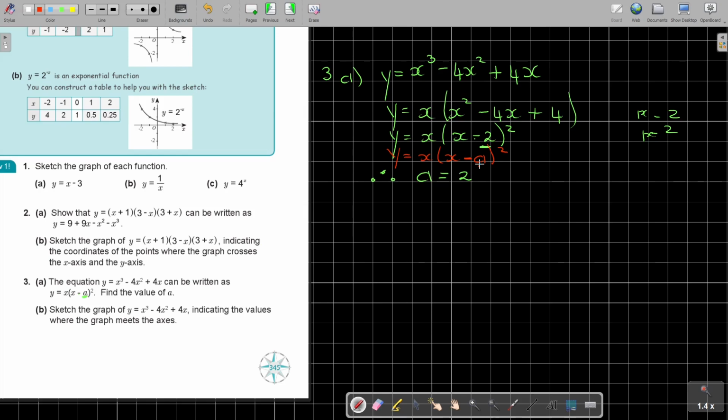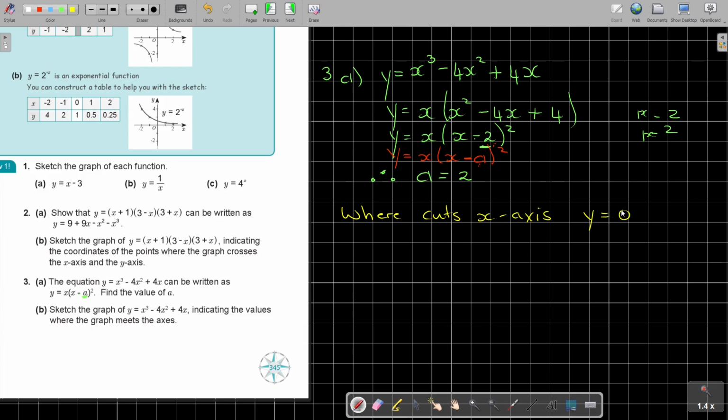Okay. And then they say, sketch the graph indicating the values where the graph meets the axis. Okay. Now be careful. If it's a double bracket, then it means that if you work it out, you will see. Okay, now let's put it in brackets. Let's do it exactly like we did the previous one. So just for understanding, where it cuts the x-axis, make y 0.